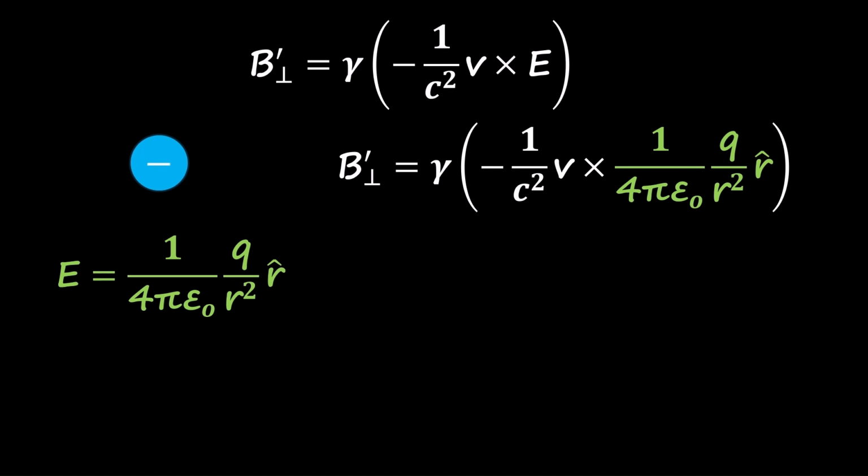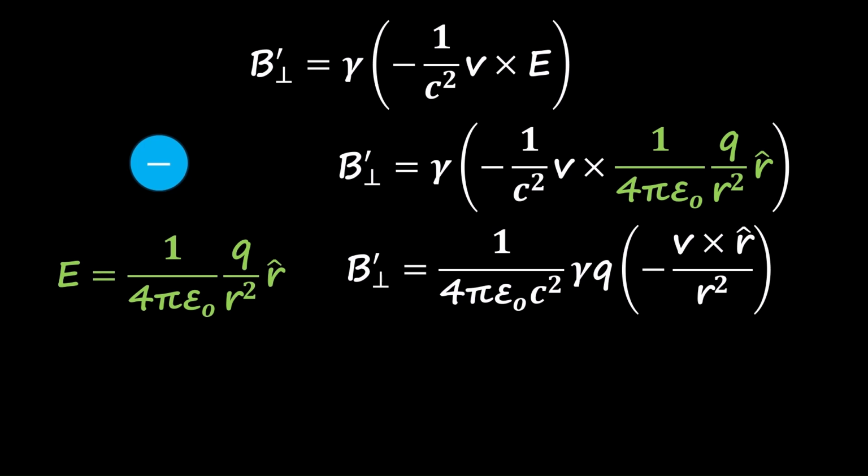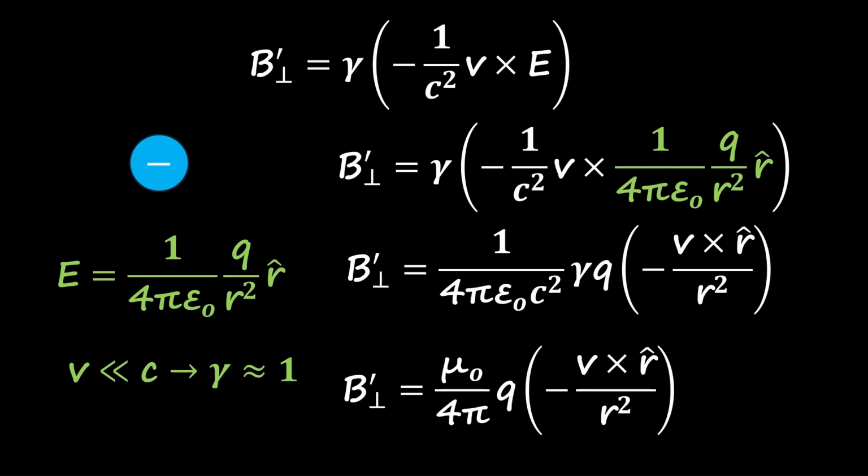Now if I rearrange this expression, then we can write it like this. Now the epsilon naught c square factor, which is in the denominator, I can replace by 1 by mu naught. And since the electron is traveling at a drift velocity, which is very much less than c, this gamma factor we can equate to 1 and we'll get this final expression.